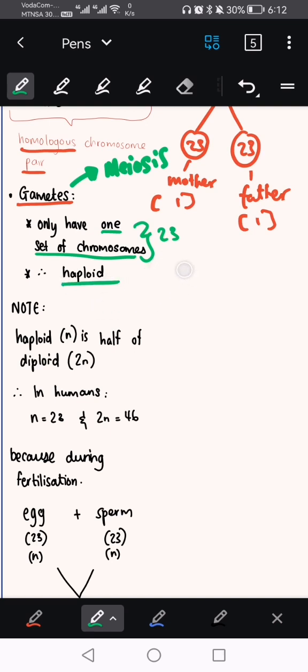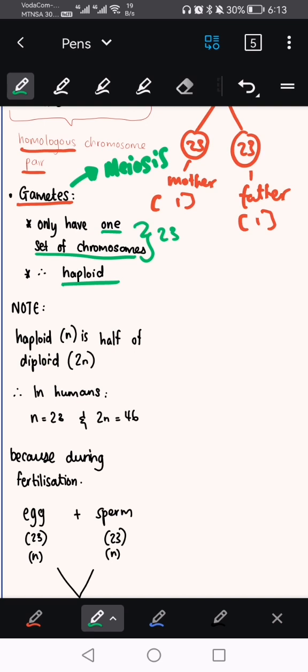So the difference between diploid and haploid is that haploid is half and diploid is double. That is a very important understanding that we must grasp here. So if you start with 46 in diploid, it means that in haploid you must have 23.